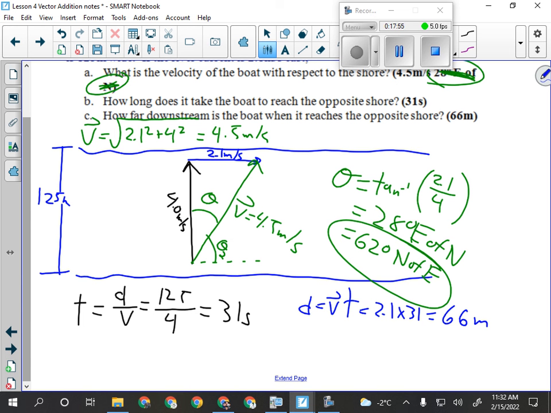Can you go over why you used the 4.0 meters per second and not the 4.5? Because the 4.5 doesn't point in the direction that this is measured. This is a vector quantity, 125 meters directly across. Because this is not directly across, I can't use it with something that is directly across.